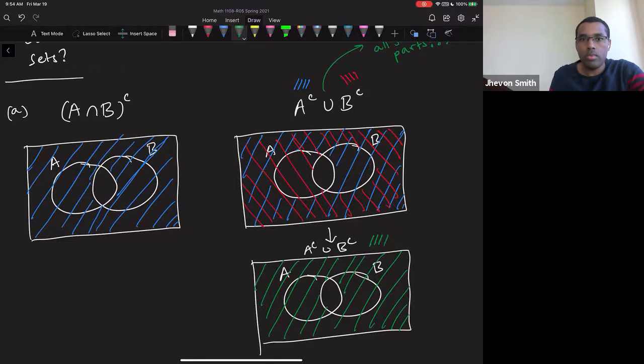They both have everything shaded except for the overlapping part. So how would you describe that? What you just said, in other words, is they have the same elements. The things that are in both sets is everything except the thing that they have in common. So they have the same elements.